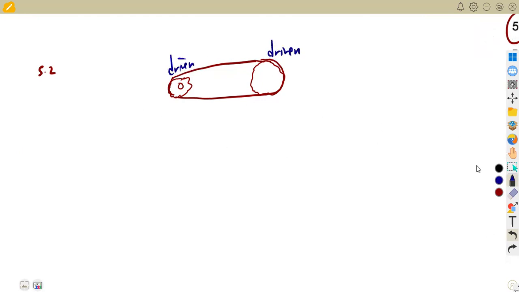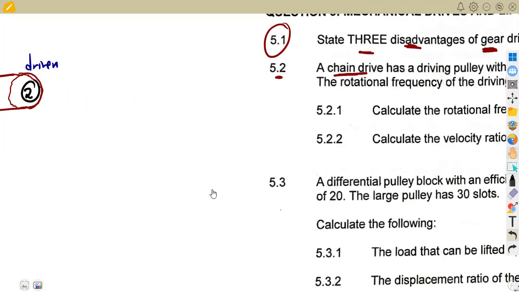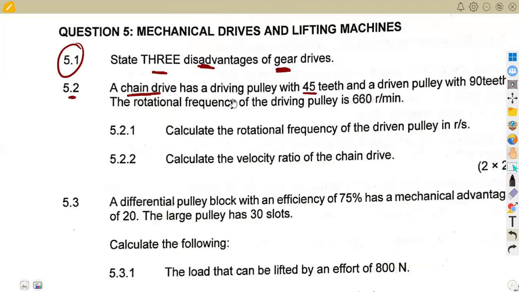I'm just going to use 1 for the driver, and I'm going to denote everything for the driven with a 2. Everything for the driver with a 1, meaning the number of teeth, the speed, everything. So we are given the driving pulley with 45 teeth.